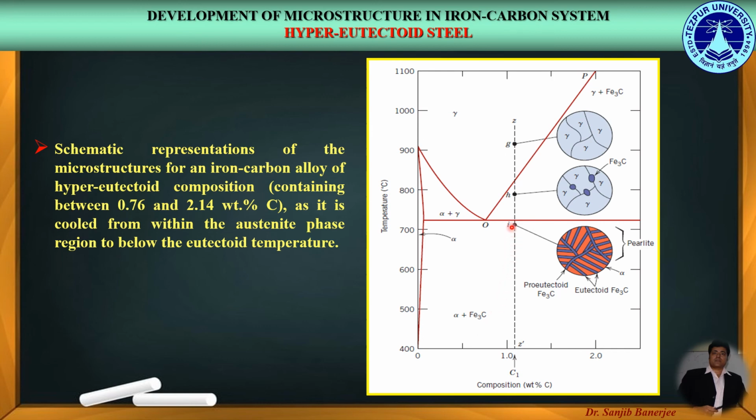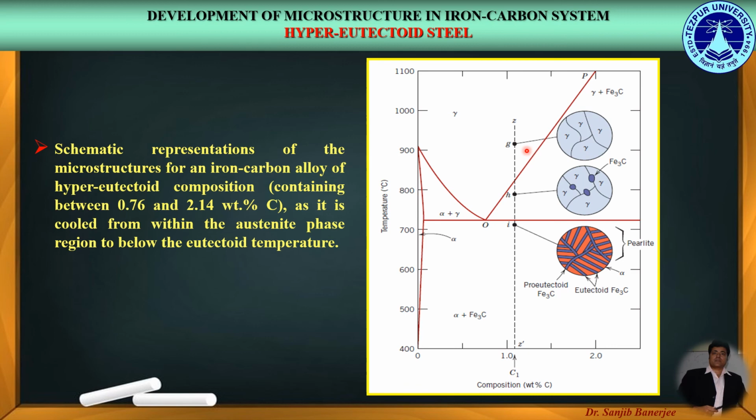Now, we are cooling down this hypereutectoid steel from point G. At point G, we are standing at the uniform phase of austenite or gamma. So, we can see the microstructure in this particular inset, where we can see the uniform austenitic grains.